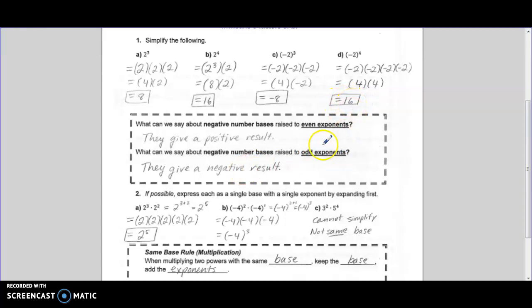Second part here, if you have a negative base and it's raised to an odd exponent, like we do here, like to the power of 3, you'll get a negative result, like we did here, negative 8. Okay, so just keep that in mind. With negative bases, if it's an even exponent, you get a positive result. If it's an odd exponent, you get a negative result.